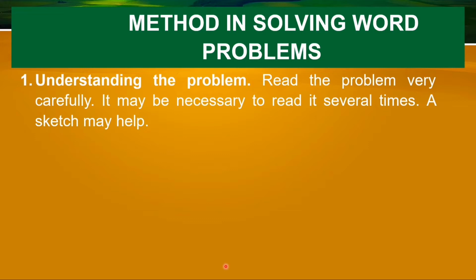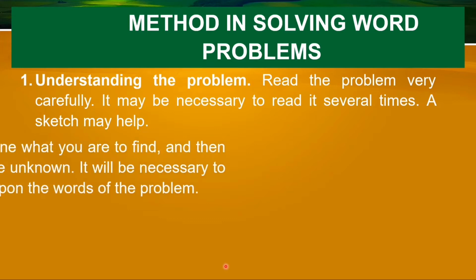It may be necessary to read it several times, and a sketch may help. So when we analyze a problem, you read along the lines and understand what is being said in the problem. Sometimes we make representations or illustrations to sketch how we understand the problem.